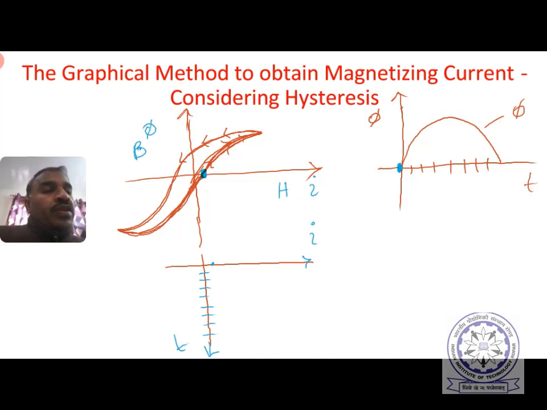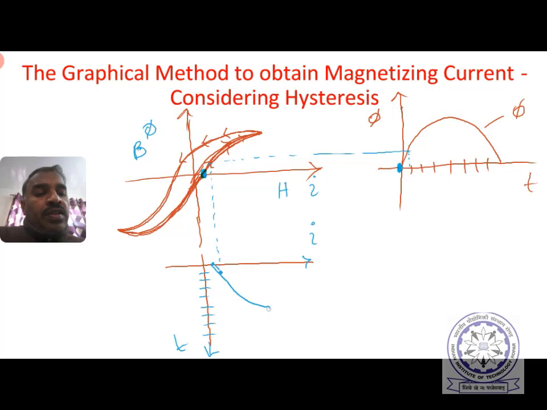Now the second point corresponds to somewhere here, and this corresponds to here. So if you draw like this, you will end up with a curve like this.